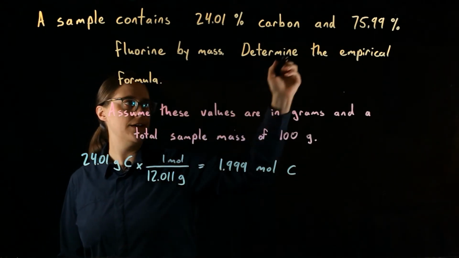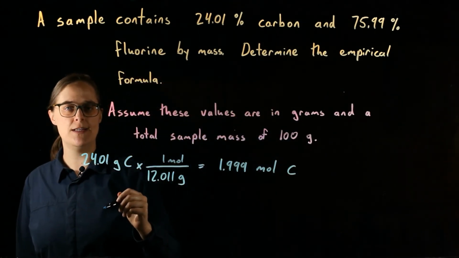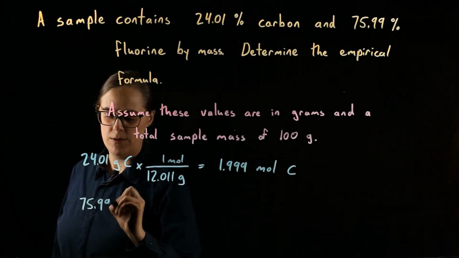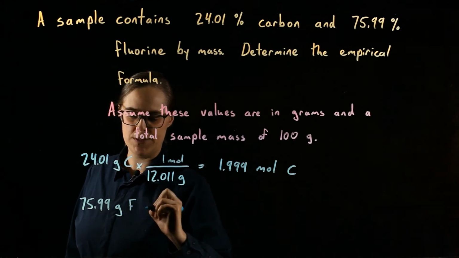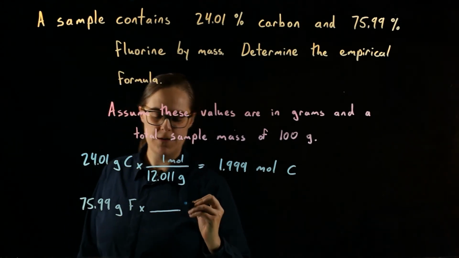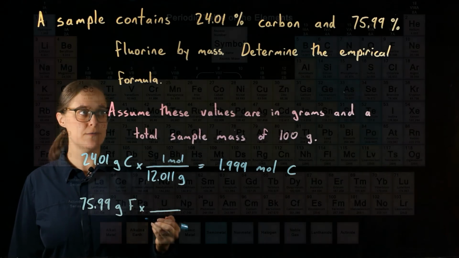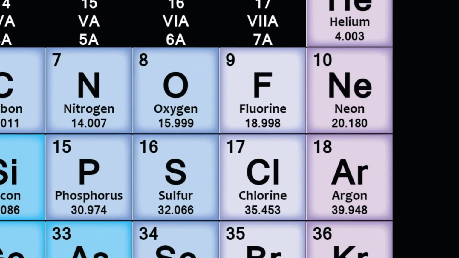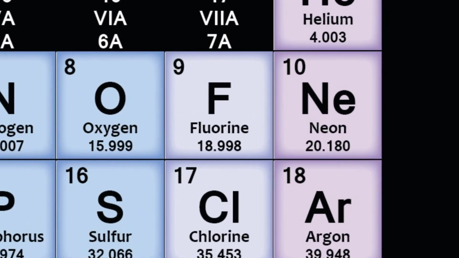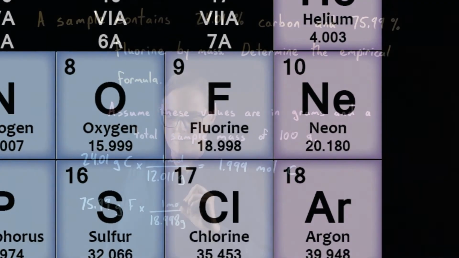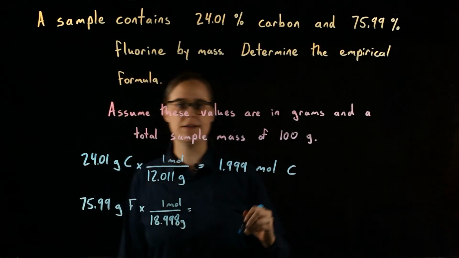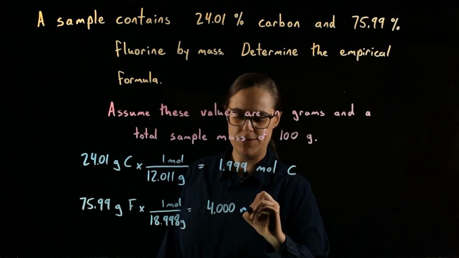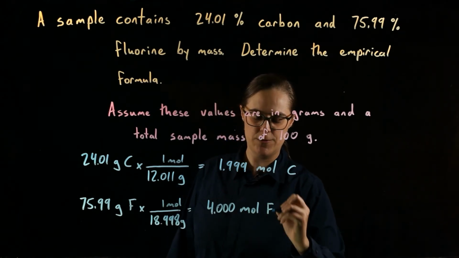Likewise for fluorine, assume that your 75.99 is grams. 75.99 grams of fluorine divided by molar mass of fluorine from a periodic table, 18.998 grams per mole. And you get 4.000 moles of fluorine.